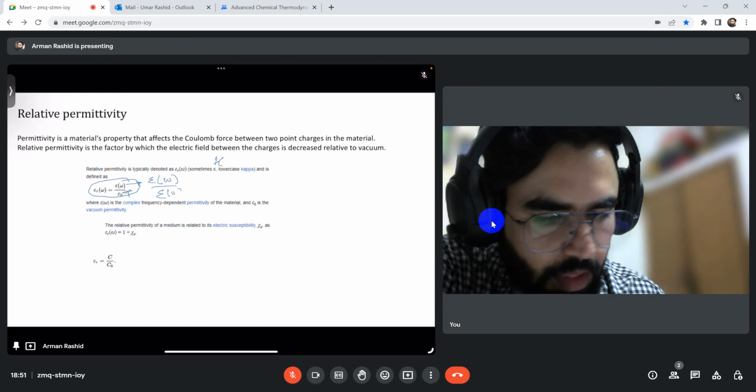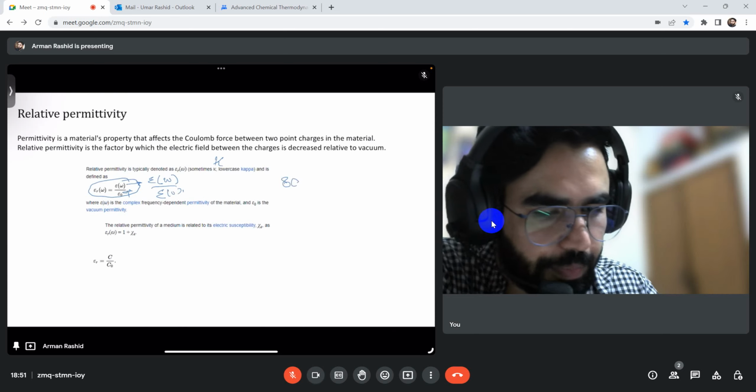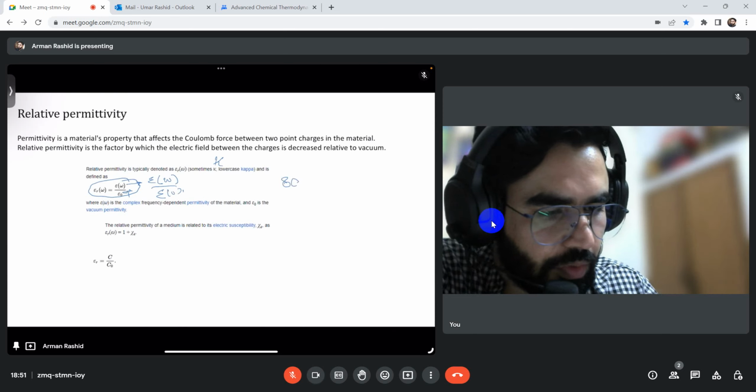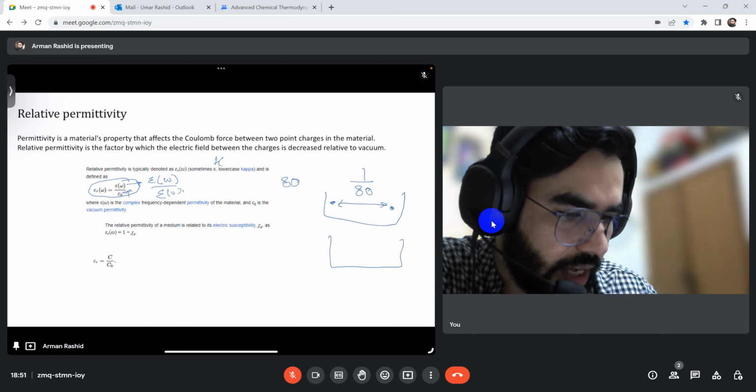For example, the relative permittivity of water is 80. So once we put two point charges inside water, the force between them is decreased by 80 times compared to if the same particles are put inside the vacuum.